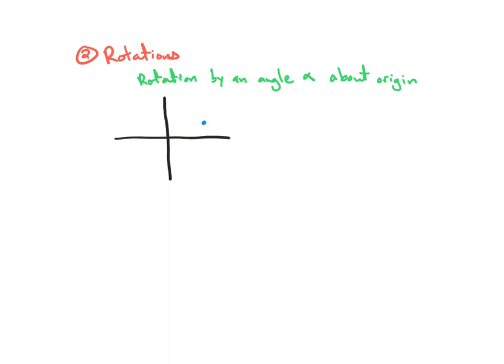So we have this point (x, y), and we're going to rotate it, and I'm going to kind of just draw this right here. We're going to rotate it by some angle alpha to out here, x prime, y prime.